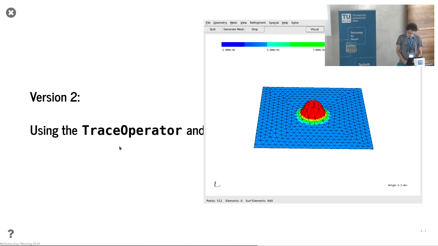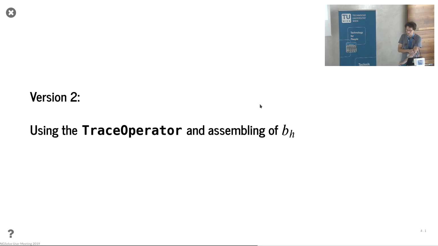And now we want to see, can we improve that? And for that, we want to use the trace operator and assembling of B. Now we have a linear problem, so we could hope for assembling the sparse matrices and applying those. Perhaps this is faster than applying the operators only.